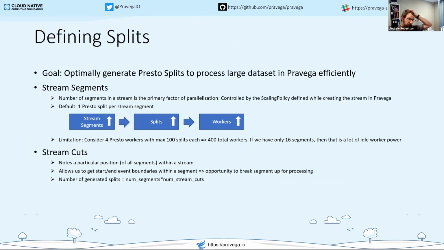Okay, so defining splits. Generally in Presto, there may be hundreds of workers available on a cluster. I think the default is 100 workers per node, so there are a lot of threads available for handling work.